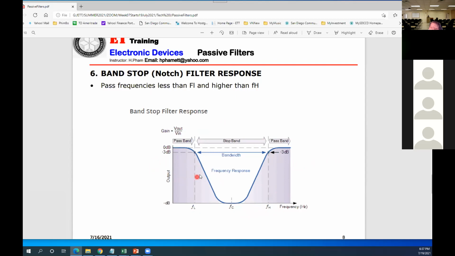Any signal between F high and F low, they want to stop. That's what they call a stop band. They are just the opposite of the band pass filter.